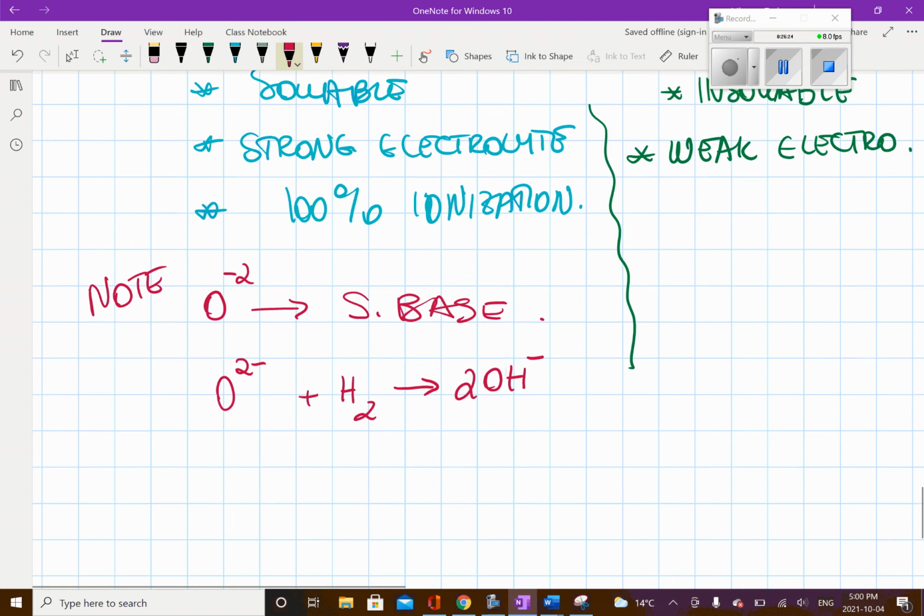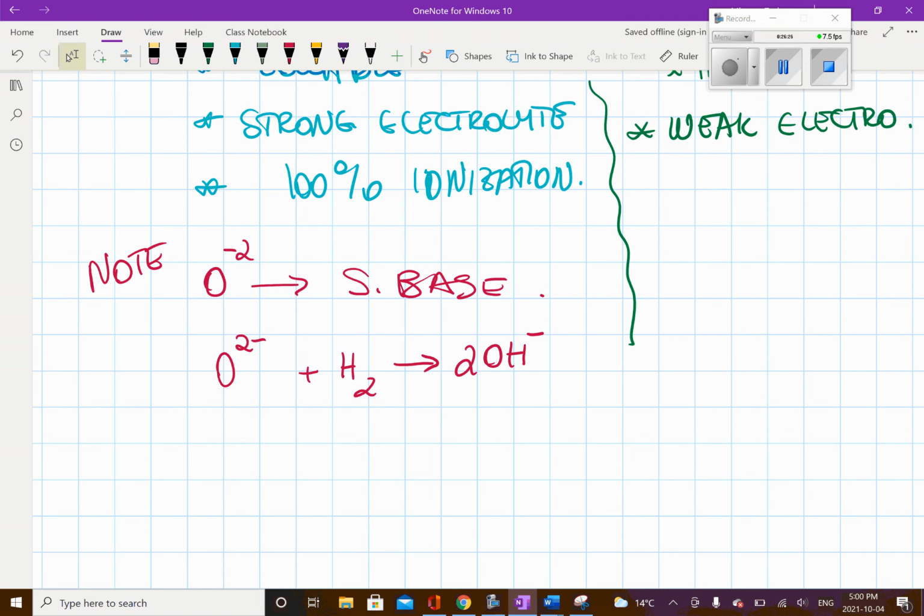Okay. And it's the same thing as when we discussed acids. We said that the more oxygen, the stronger the acid. Even here, it's pretty much the same thing. The less hydrogen, the stronger they are.